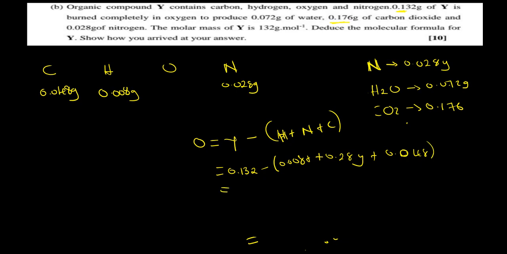When you punch it on your calculator, for oxygen it will give you 0.048 gram again. So that's how you calculate for oxygen.